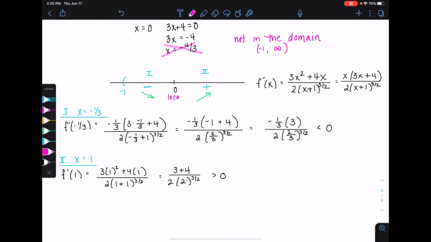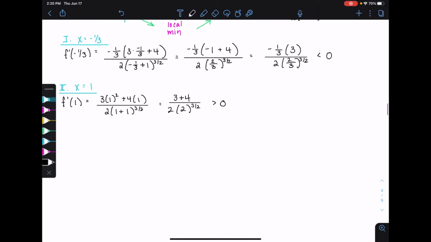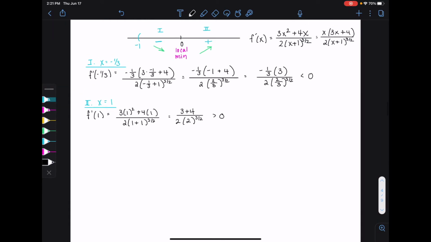And now I get to classify this as a local minimum because we're making that shape where we switch from decreasing to increasing. Okay. So now I know my function is going to be increasing from 0 to positive infinity, decreasing on the interval from -1 to 0.